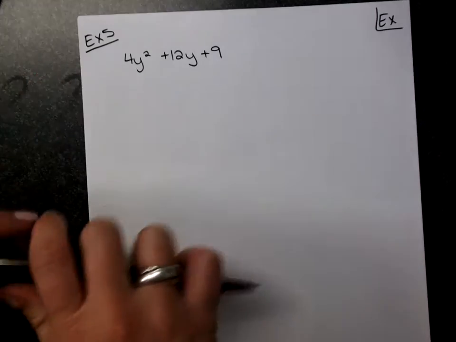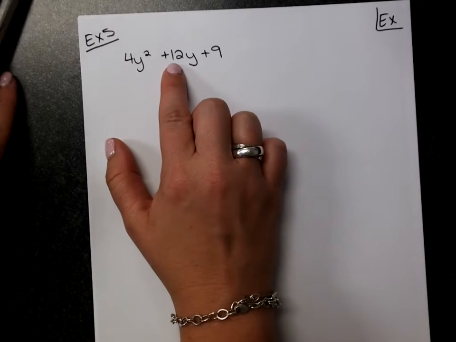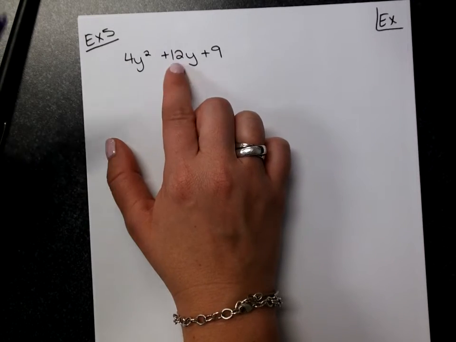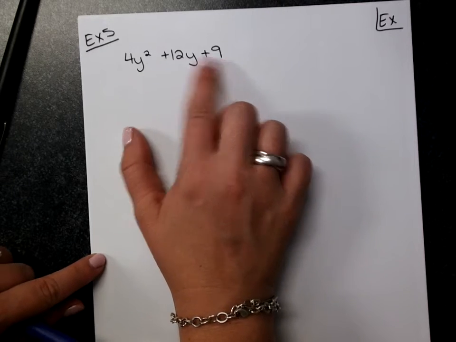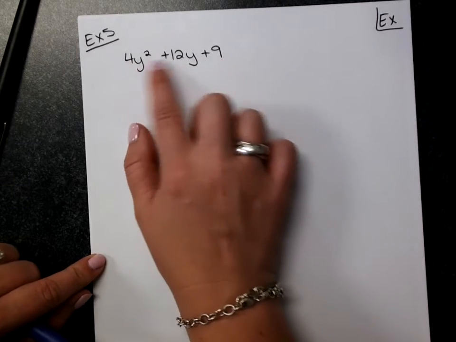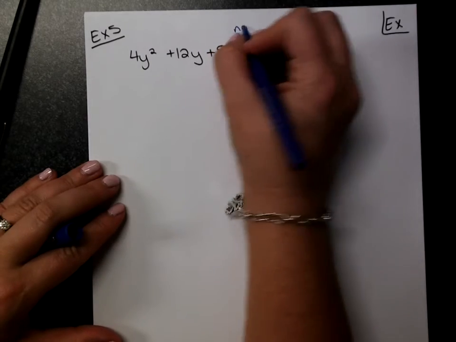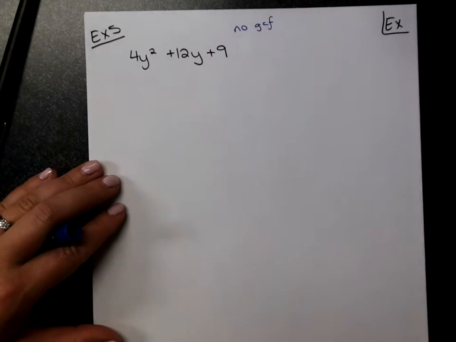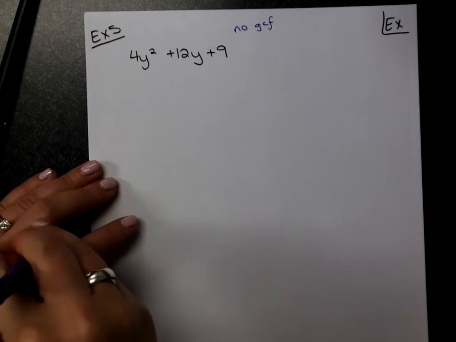It kind of looks like there's a GCF. There's a GCF between 4 and 12. There's a GCF between 12 and 9. But there is not a GCF between all three. 2 is not a GCF. 3 is not a GCF. So there's no GCF in here. And take a second and double check. If there is a GCF, take it out. But sometimes there's just not.